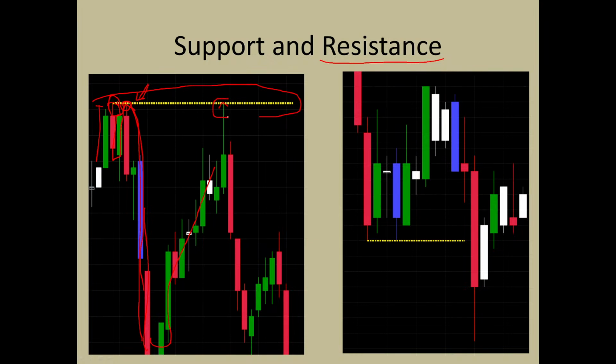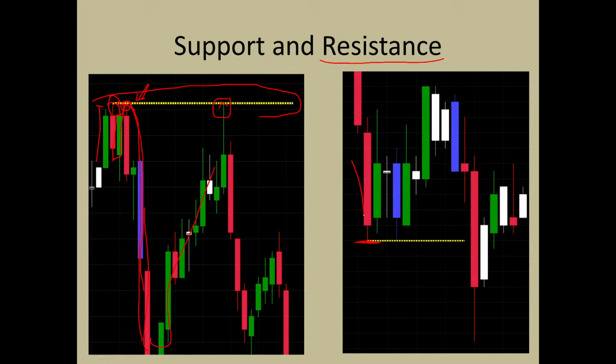Now, third time, would you say third time's the charm? Maybe, maybe not. I could see doing it on the second time. The third time is up in the air, as we'll see over here in support. So this is resistance. It's resisting us going higher. This is what we would call support: a support shelf, support area, support line.